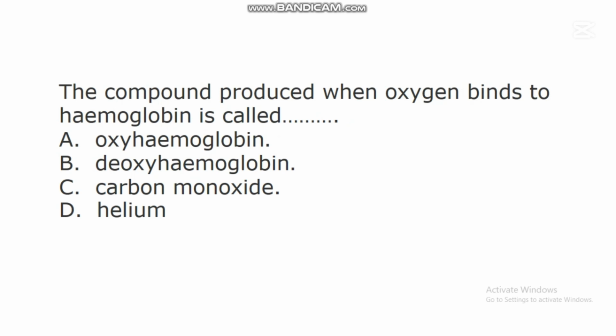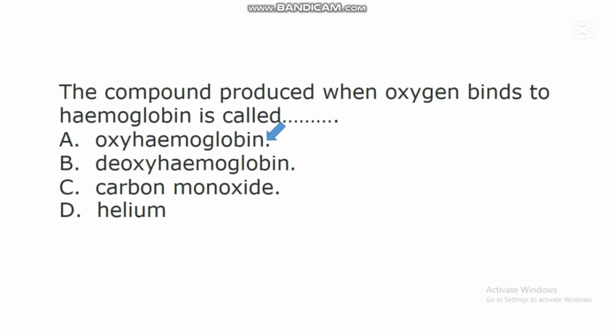The next question says, the compound produced when oxygen binds to hemoglobin is called dash. A. Oxyhemoglobin. B. Deoxyhemoglobin. C. Carbon monoxide. D. Helium. In this question, the correct answer is A. Oxyhemoglobin.